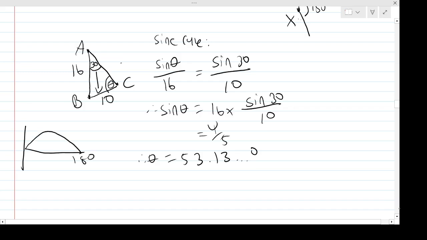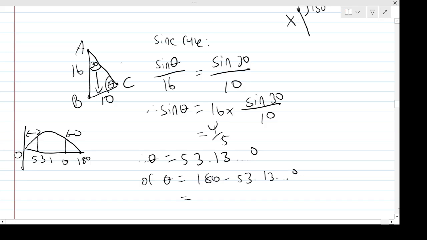If we go between 0 and 180, well, 53 here is going to be about roughly there. Therefore, the other solution will be there. The gaps at either end, here and here, are the same, and the end here is 180, so the other solution would be 180 take away this, right?